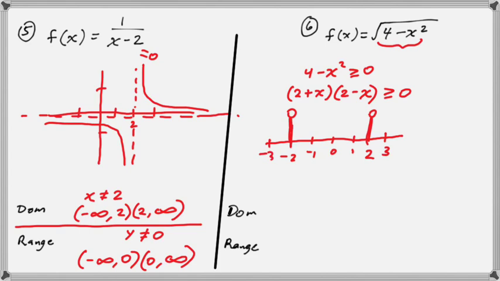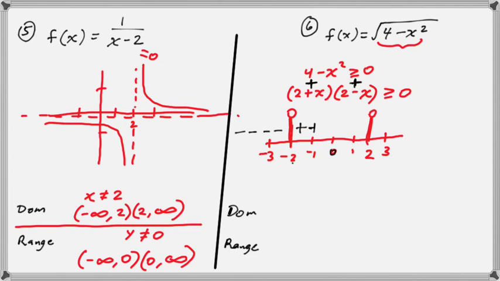That splits the number line into 3 distinct regions. If I put in a negative 3, 2 plus negative 3 is negative. 2 minus negative 3 is positive. What is a negative times a positive? Negative. Between negative 2 and 2, if I put in a 0, 2 plus 0 is positive, 2 minus 0 is positive.